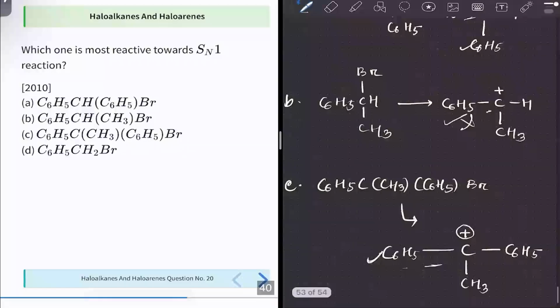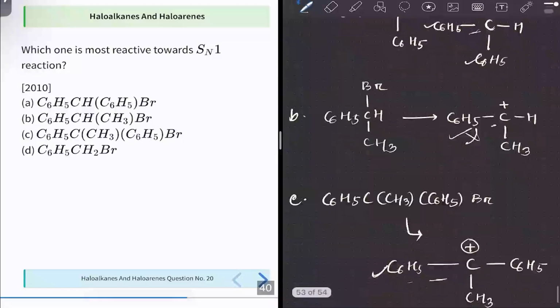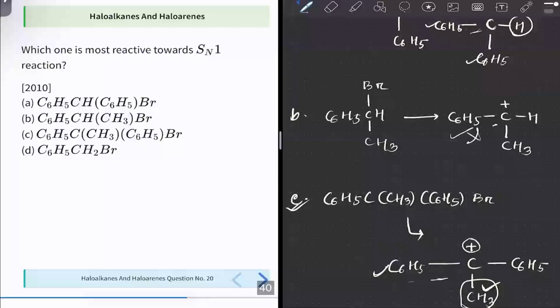Now it will depend upon the third substituent, that is here hydrogen and here CH3. CH3 will donate its electron cloud to stabilize the carbocation more than hydrogen. So option C will have the most stable carbocation.